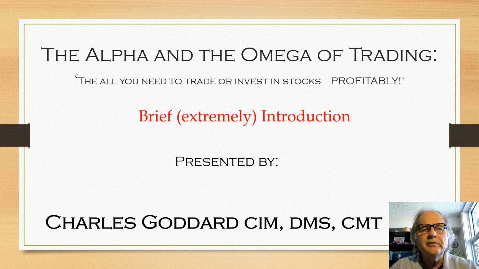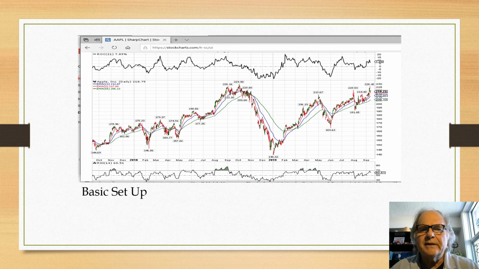So okay, let's move on to the next slide. So what you're looking at now is my basic chart setup. Now, if you're a rank beginner and you don't even know what a chart is, essentially what we're looking at is a graphic look at the move of the price of a stock. In this case, it's Apple.